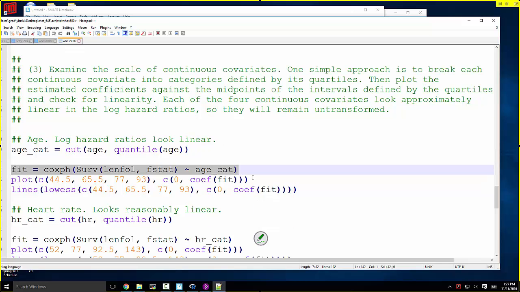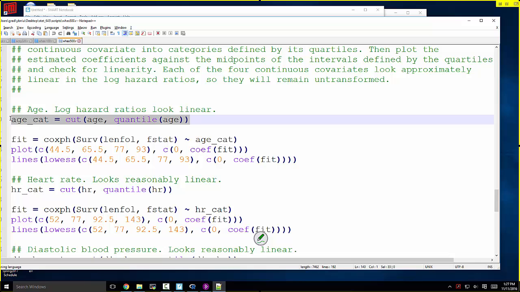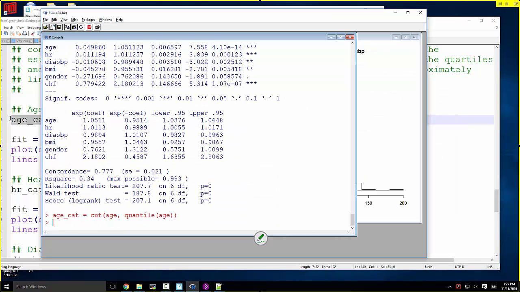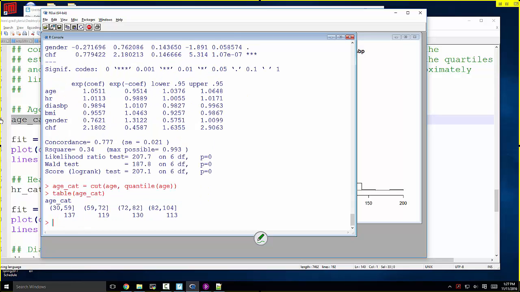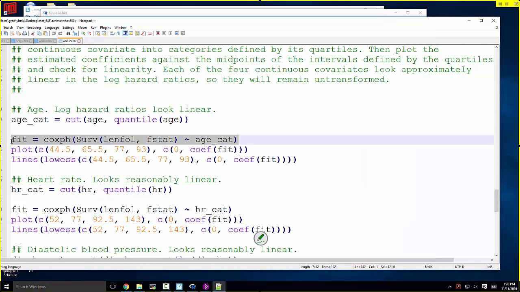The way we're going to try to assess it is categorize age. So this right here is going to turn age into a factor instead of numeric. We now have these categories. Age is either from 30 to 59, or from 59 to 72, or 72 to 82, 82 to 104. So if I fit this model, Cox proportional hazards, this is a factor.